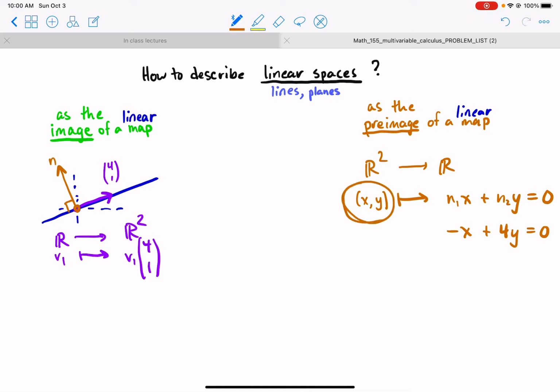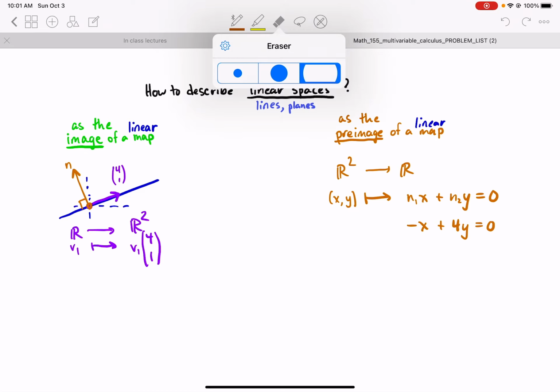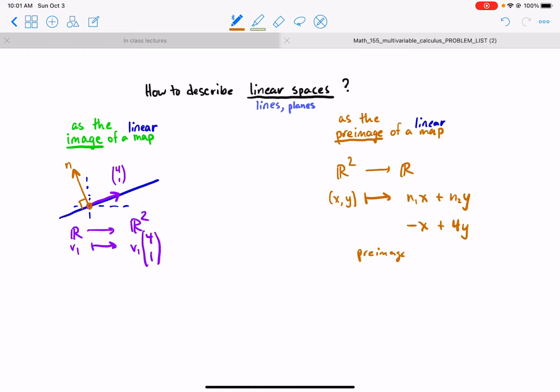It's all the inputs that get sent to 0 by the map. So then the line is the preimage of 0 under this map. Or we could say all solutions to the equation negative x plus 4y equals 0. So these are two ways to say the same thing.